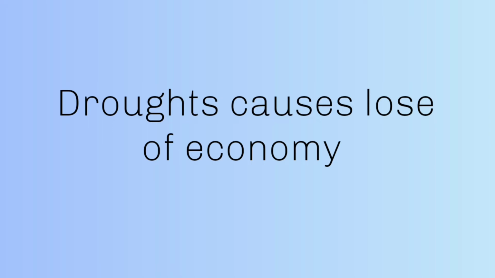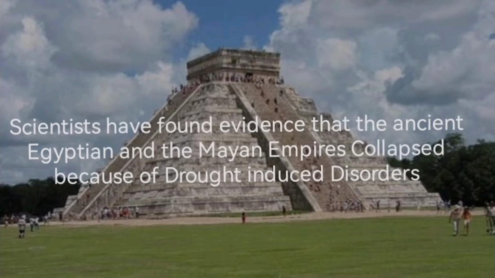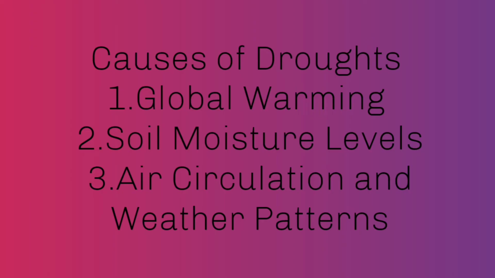In the United States of America, they can cost nearly 9 billion US dollars in losses per year to local governments and businesses. Number 5. Scientists have found evidence that the ancient Egyptian and Mayan empires collapsed because of drought induced social disorders.